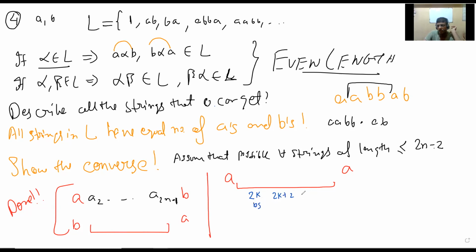Something like this. No, sorry, it should be opposite. Sorry, you're right. This is the number of A's and this is the number of B's. So this means that this will not come by the first move of appending A's and B's. Obviously, will not. You have to do something else. So this has more B's in the middle.